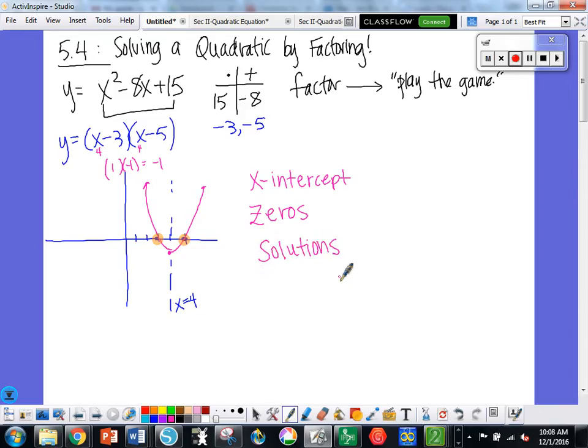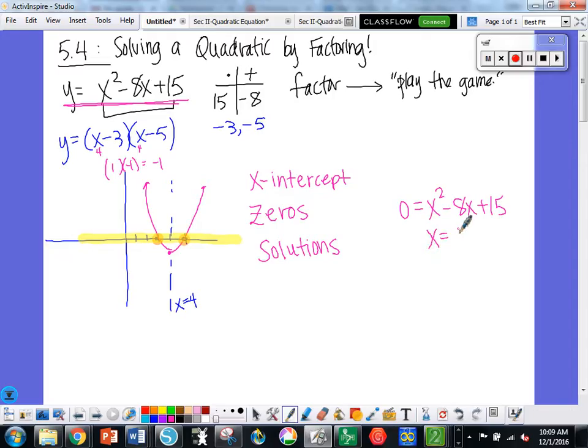If I took this exact same equation right here, and instead of saying y equals, if I said 0 equals x squared minus 8x plus 15, the 0 line is this line right here, right? So this is saying, when does my graph cross 0? Well, it crosses 0 when x equals what?